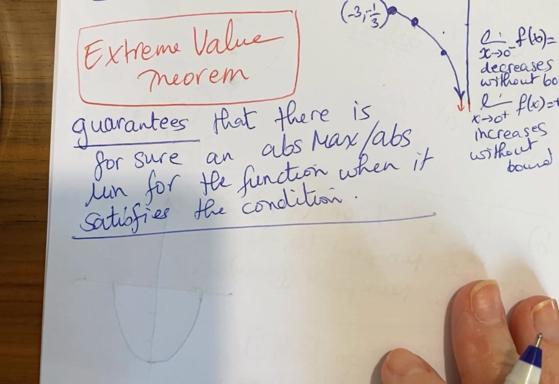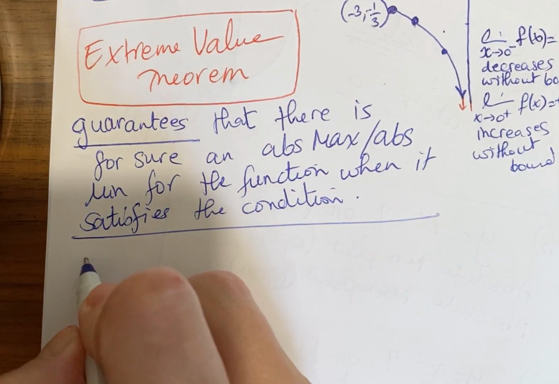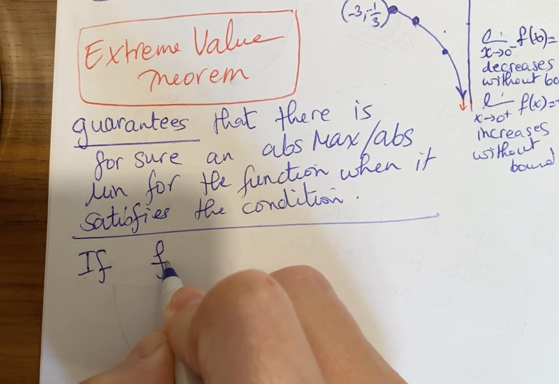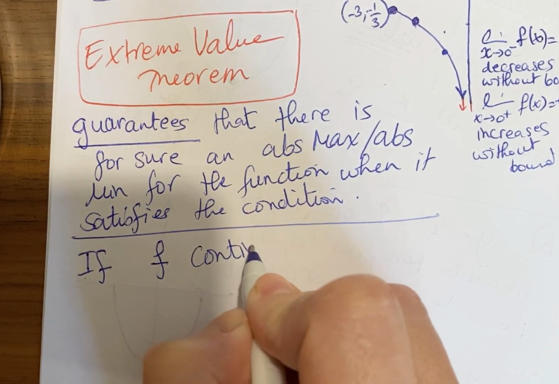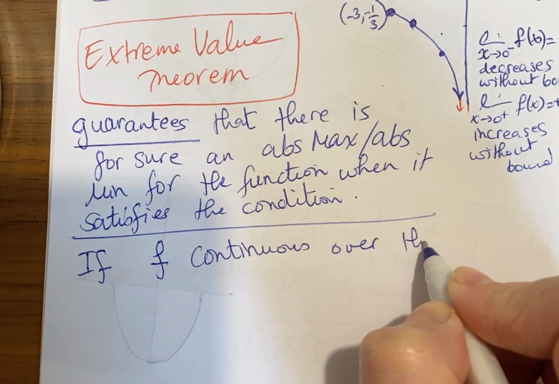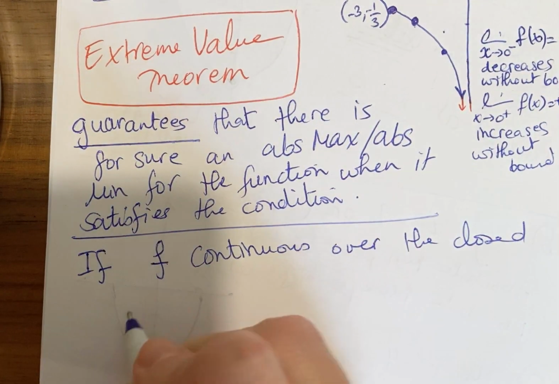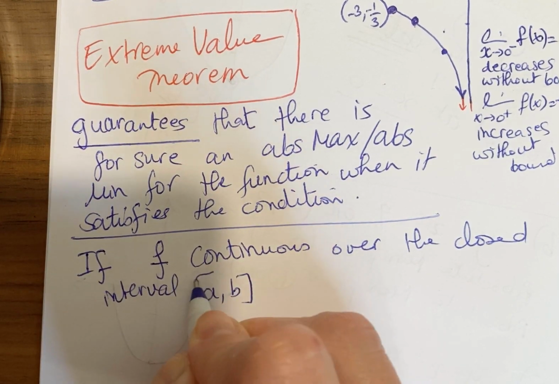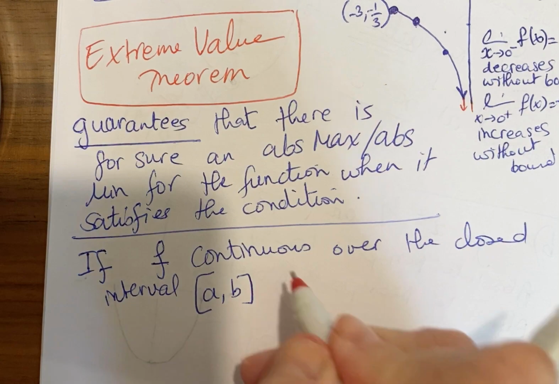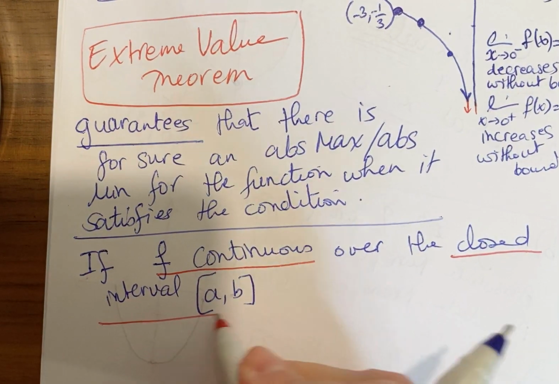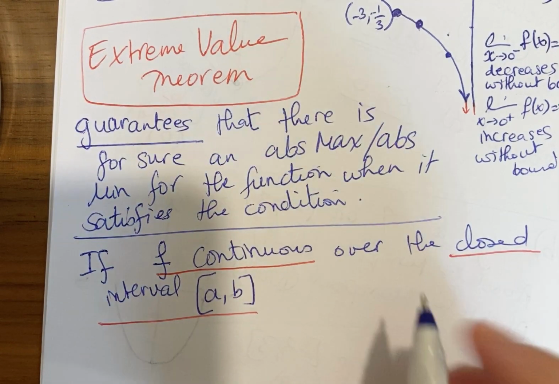Now, what does the extreme value theorem say? It says that if you are working with a function f continuous over the closed interval [a, b]. So what are the two conditions? f is continuous and the interval we are working with is closed.